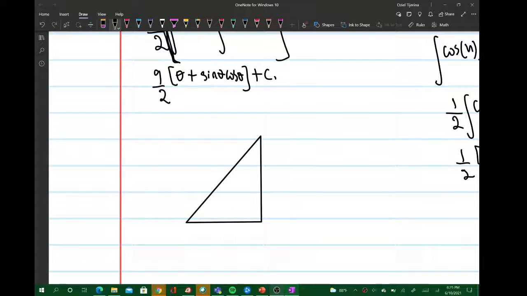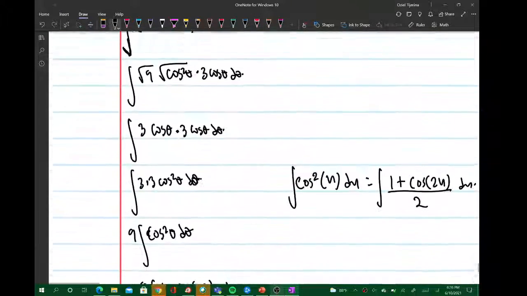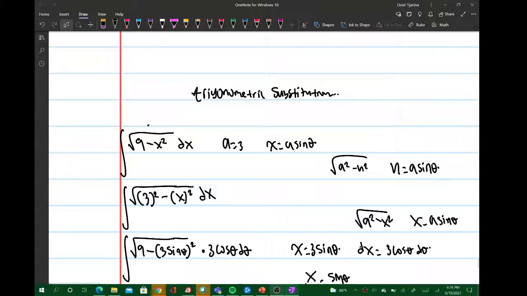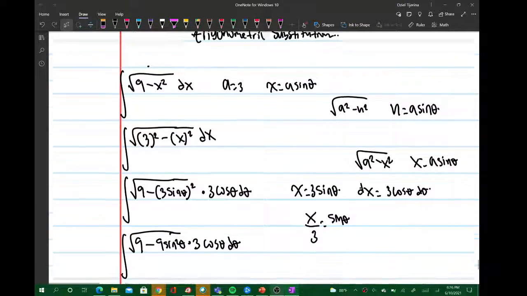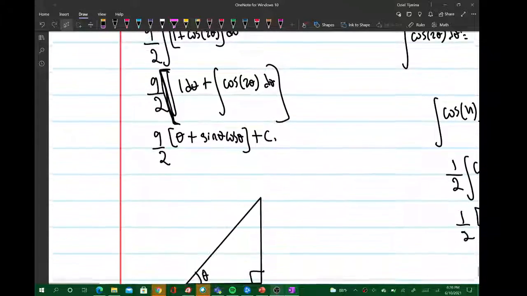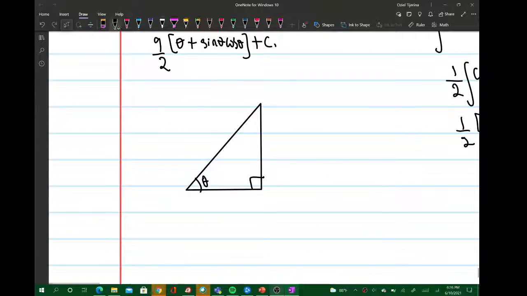The way that we do this is, if you put theta here, so they did give us the substitution of x equals 3 sine theta, or sine theta equals x over 3, right?